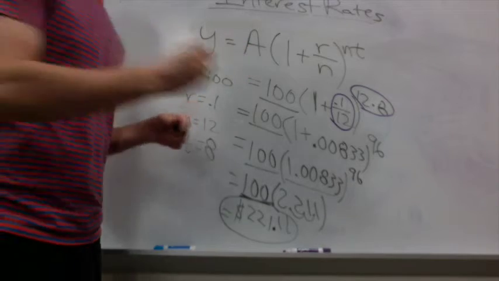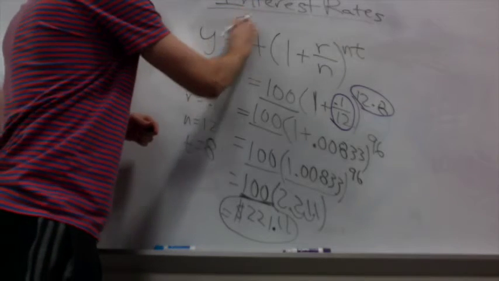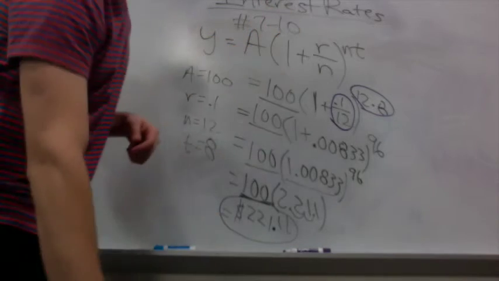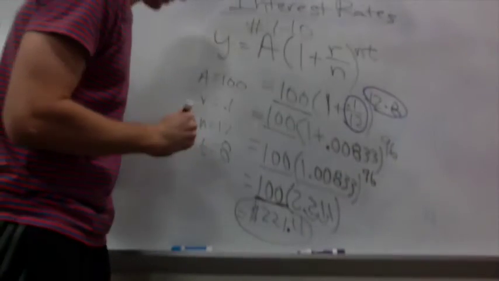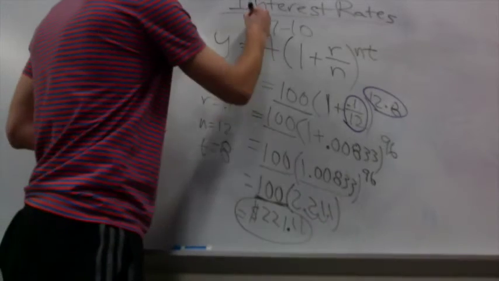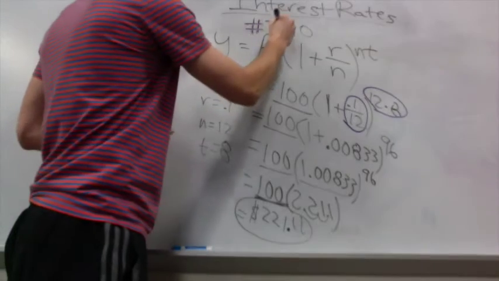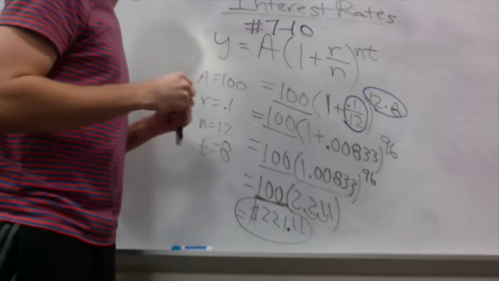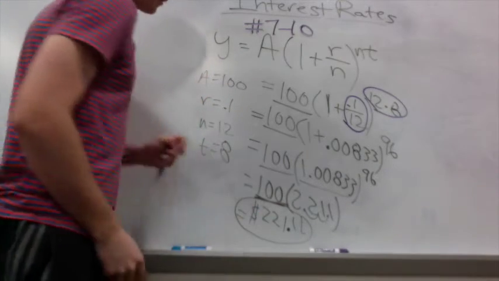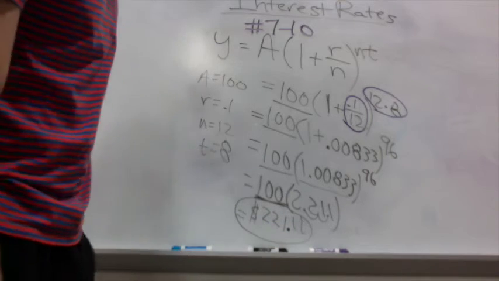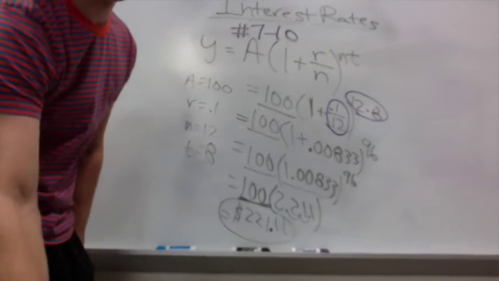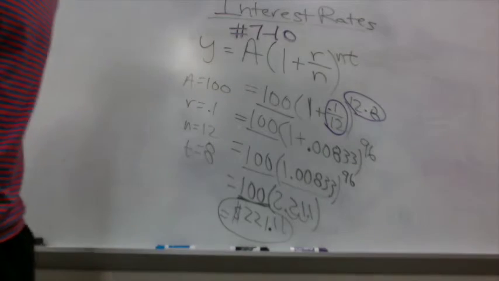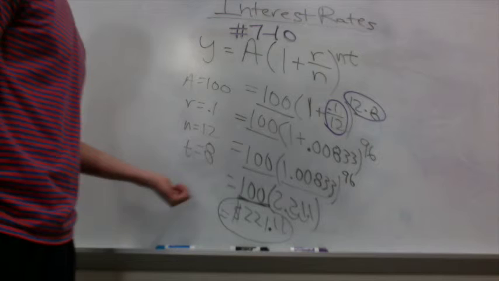So take a look, use this example to help you with numbers. Numbers 7 to 10. So if you're taking a look at numbers 7 to 10, this discussion on the insurance rates would be a great tool to help you.